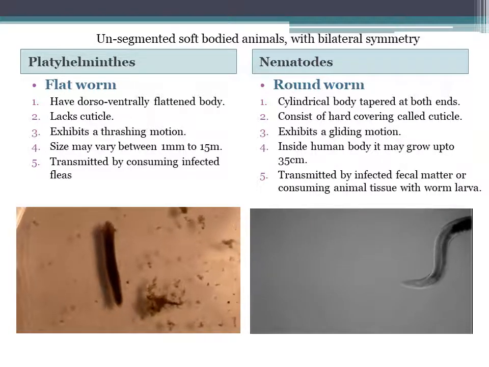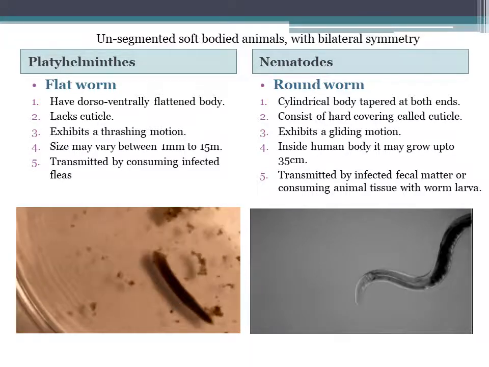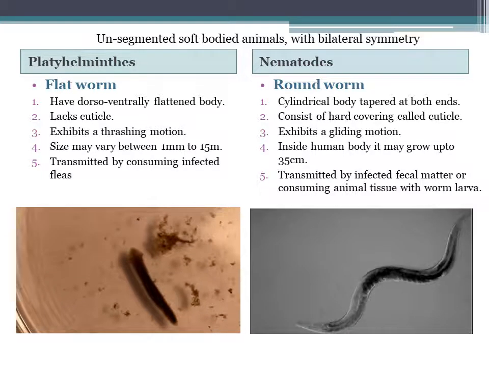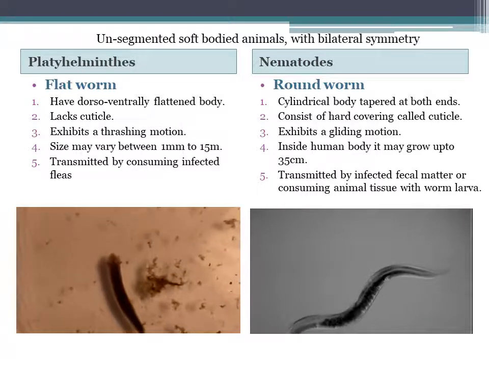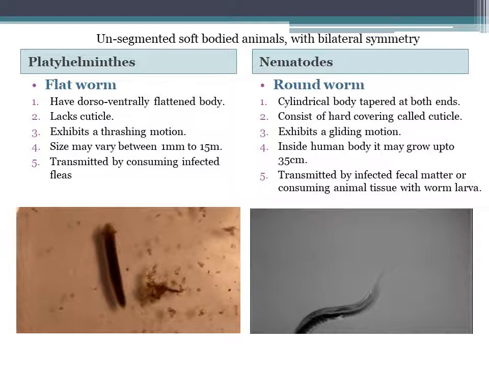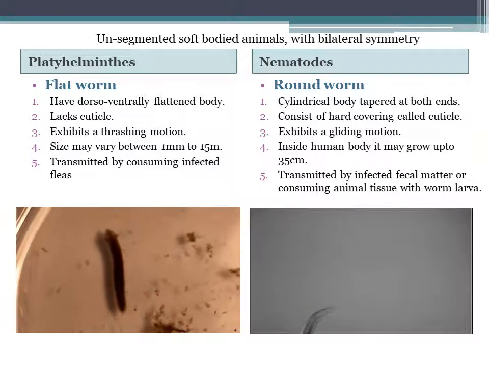Next, in the case of flatworms, they lack a cuticle, so they are extremely soft. But in roundworms, there is a hard covering called cuticle. For the time being, just think of your nail, it's a little stronger, harder than other body parts in adults.